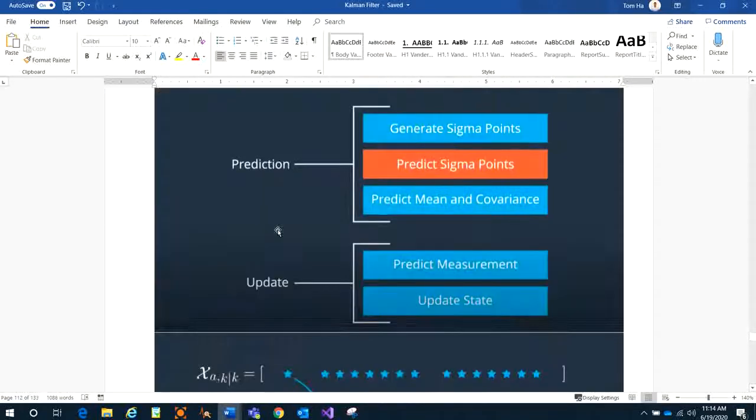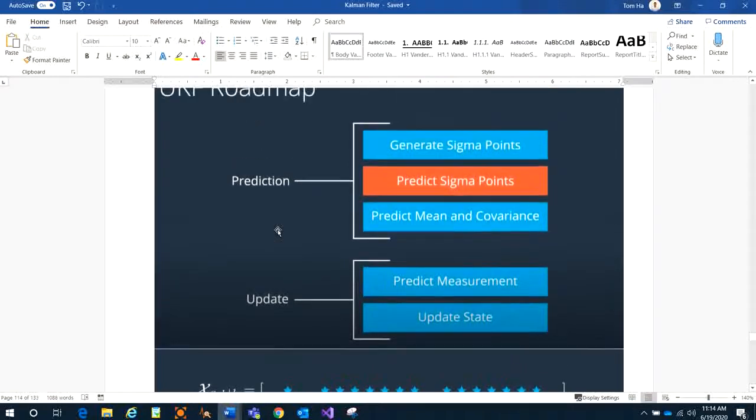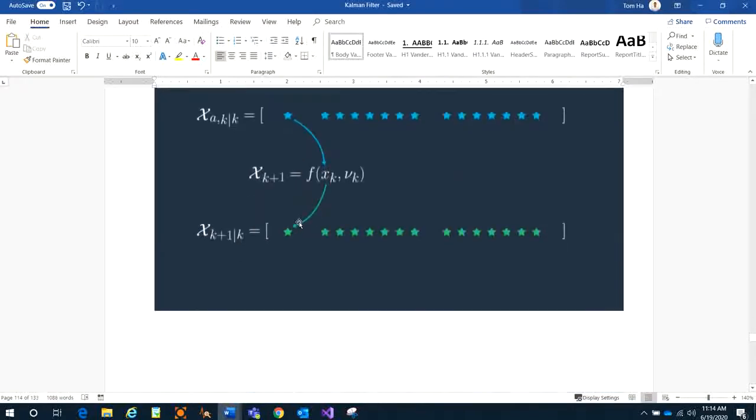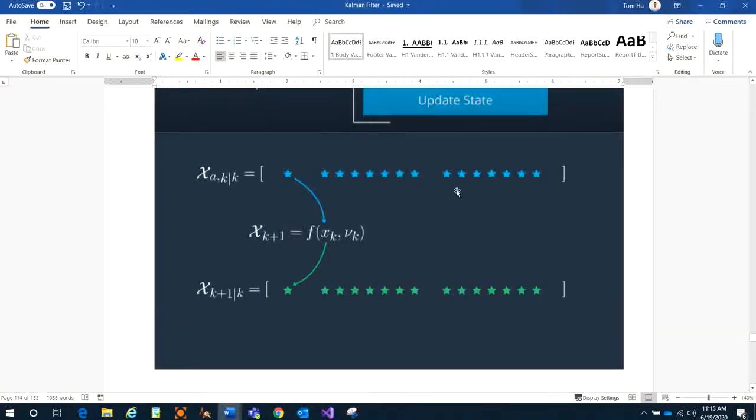After that, you already generate the sigma points, and then you go to the predicted sigma points. You have the 7 times 15 columns, you pass them through the model and predict the state, the predicted sigma points at time k plus 1.